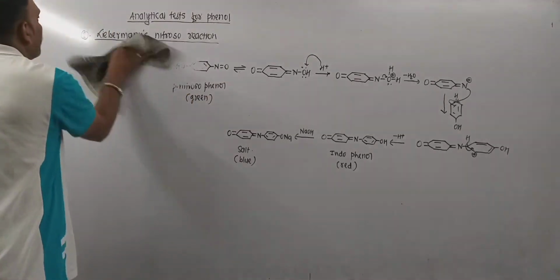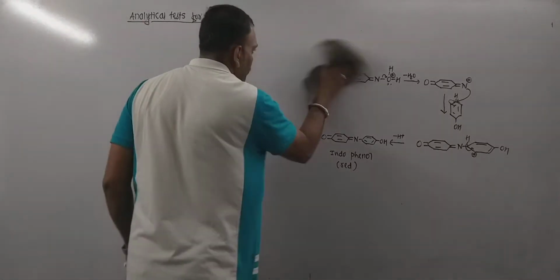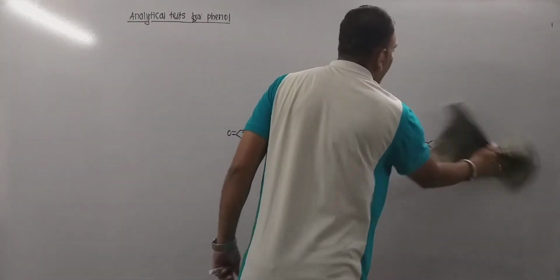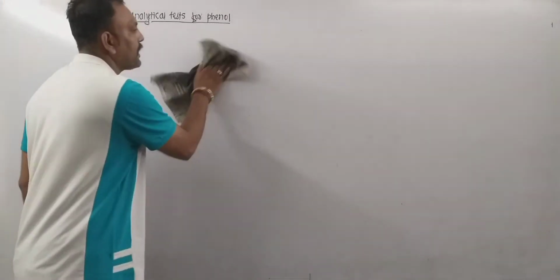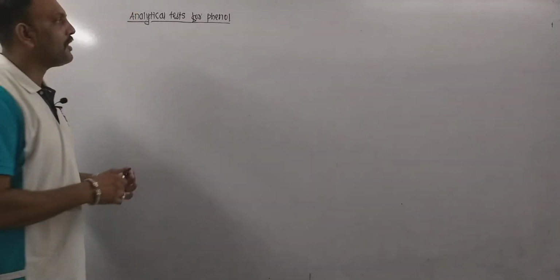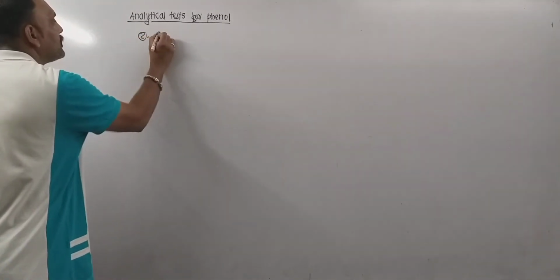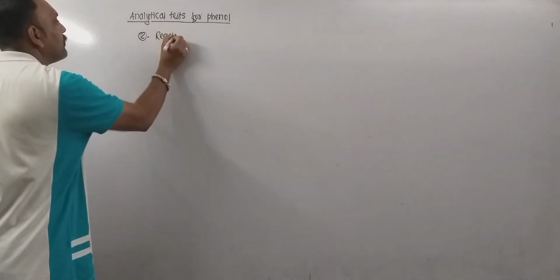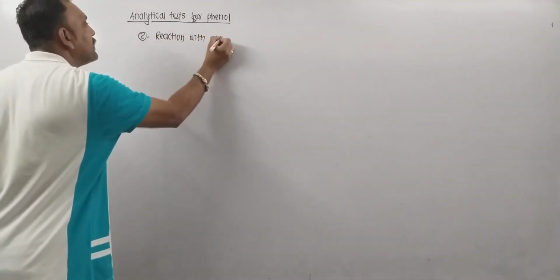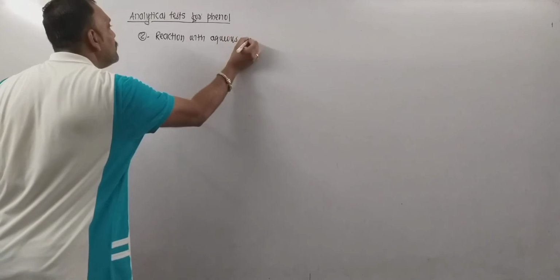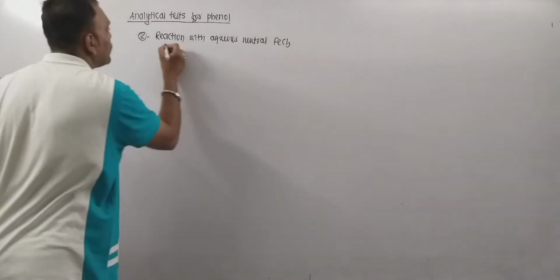Another very important analytical test for phenol which can be discussed is the reaction with aqueous neutral ferric chloride. So the second test for phenol is the reaction with aqueous neutral ferric chloride, that is FeCl3.